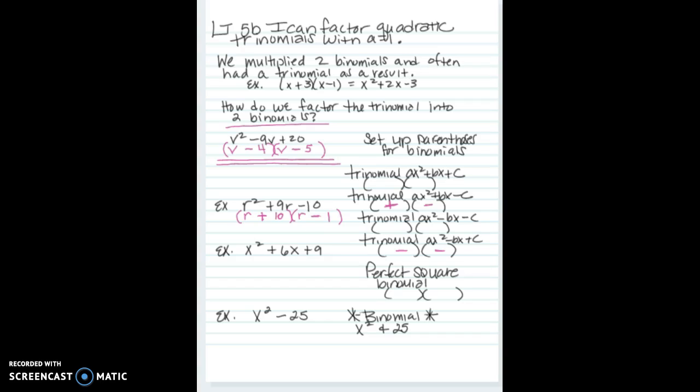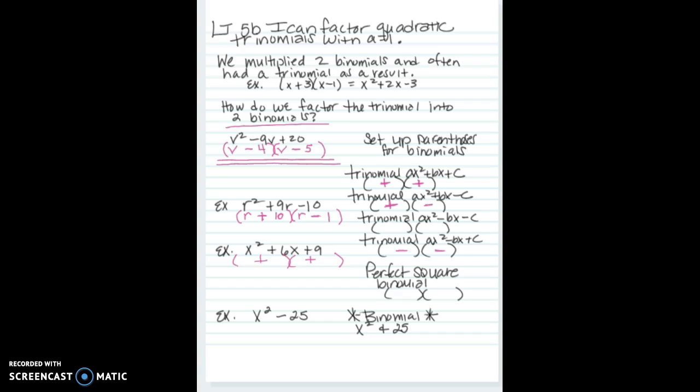On my next example, I have x squared plus 6x plus 9. So I have two pluses in my trinomial, so I have two pluses in my parentheses as well. So I set up my parentheses, and I put a plus sign in each. Now I need the factors of 9 that I will add to 6.